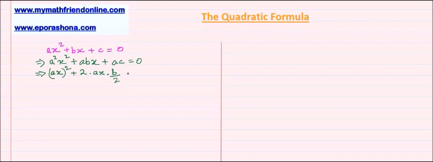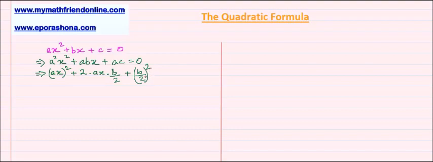So in order to get the third term of a plus b whole square, we should be squaring this b by 2. So we write that: plus b by 2 whole square. We have to have this because otherwise we cannot complete this a plus b whole square form.